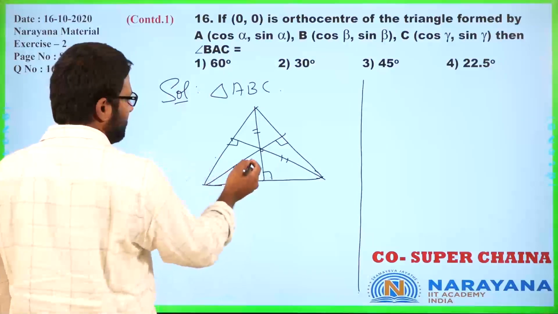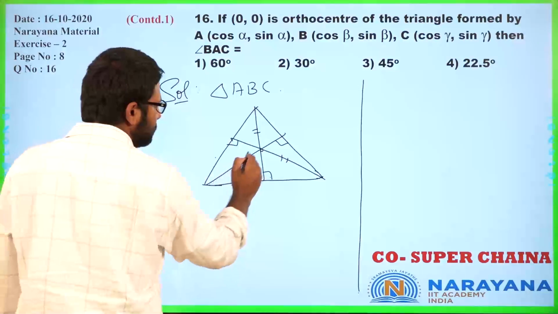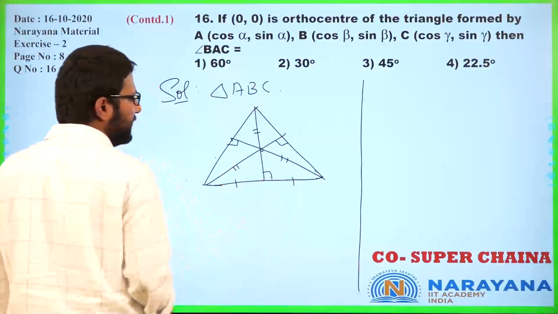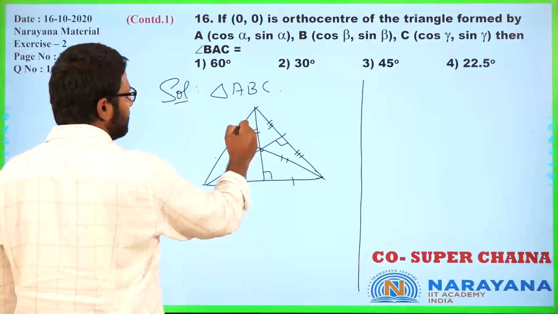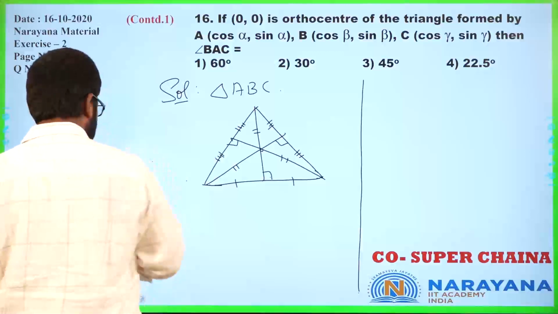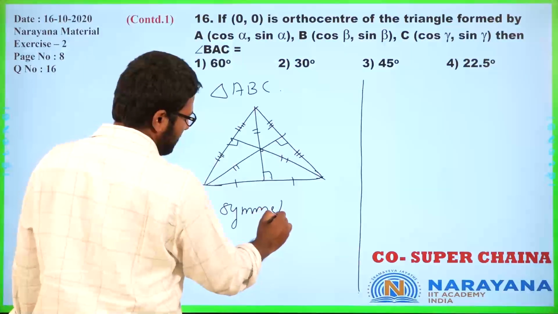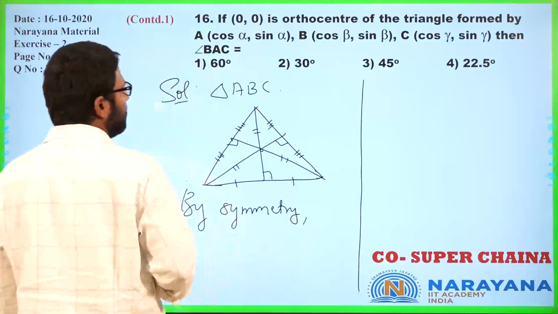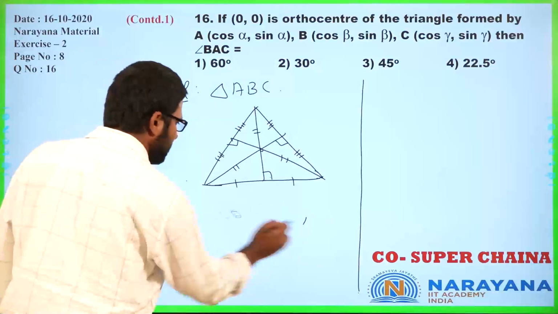So if these two are equal, then automatically these two sides are equal. So by symmetry you can say, or you can try and prove it also. Wait a minute, just write it clearly.